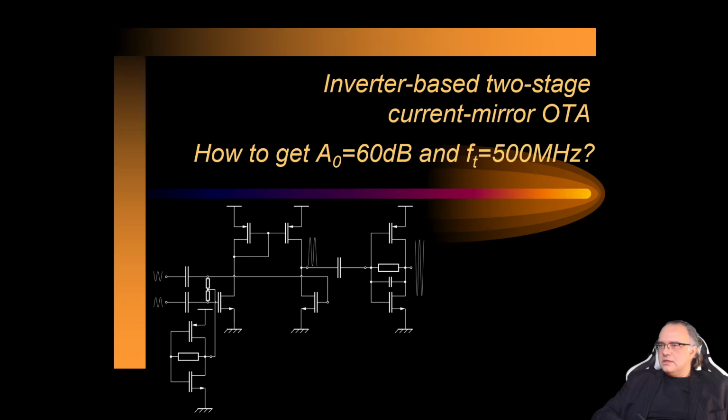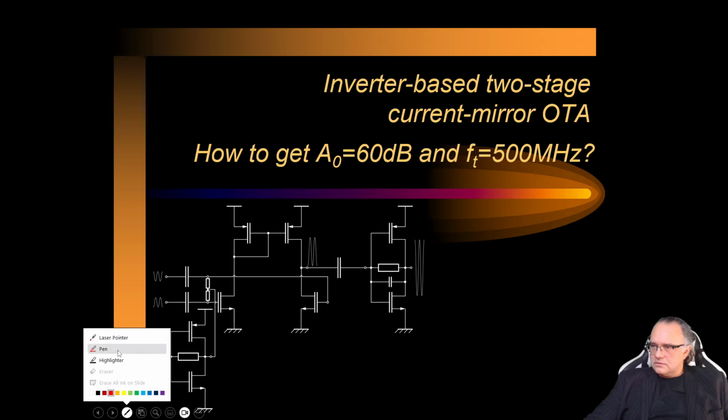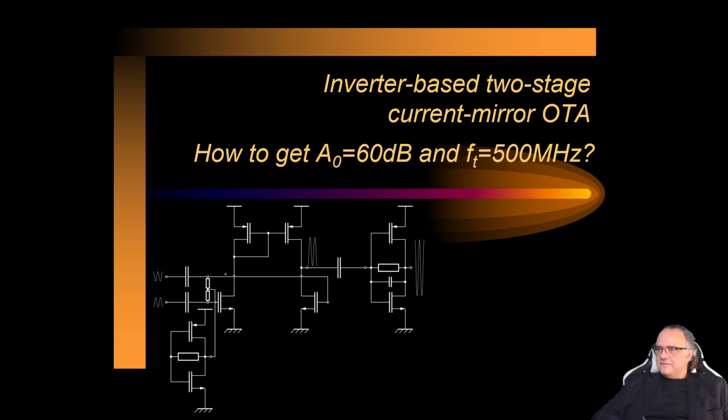This is the architecture that I would like to discuss today, and it is composed of two stages. Here we have the first stage, which is a differential to single-ended amplifier, and the conversion is realized via a current mirror with a certain copying ratio of 1:1.